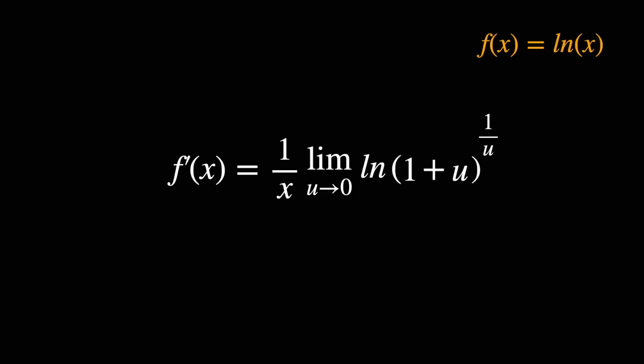Now this is starting to look a little bit familiar, but let's make another substitution to make this really clear. We want u to approach 0. That means that its reciprocal must approach infinity. So if we let u equal 1 over n, which means n equals 1 over u, as n approaches infinity, u will approach 0.